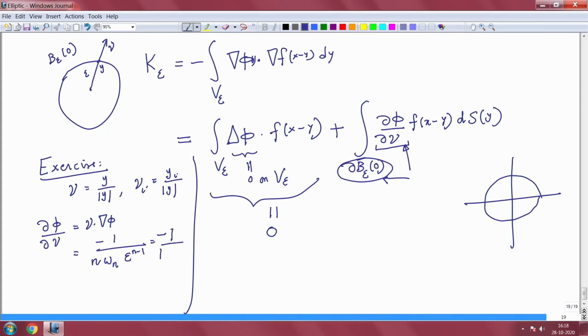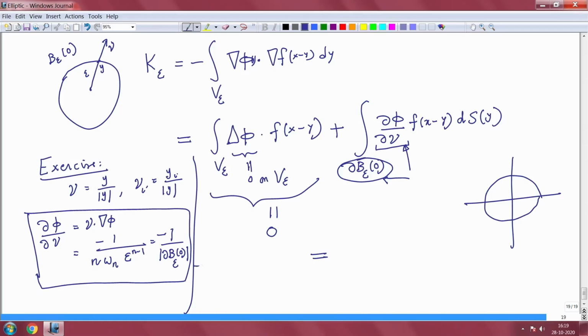This you have already seen, these are all things we computed in the previous lecture. This is nothing but the surface area of the sphere of radius epsilon centered at the origin. So, you can exactly get that. Do not forget that. So, you can exactly compute your d phi by d nu, that is nothing but minus 1 by that.